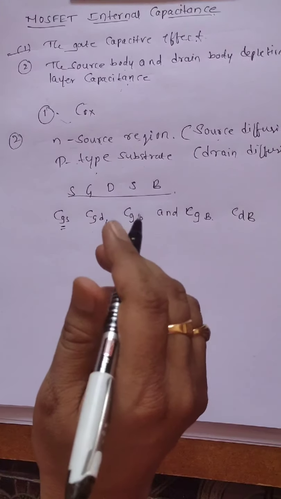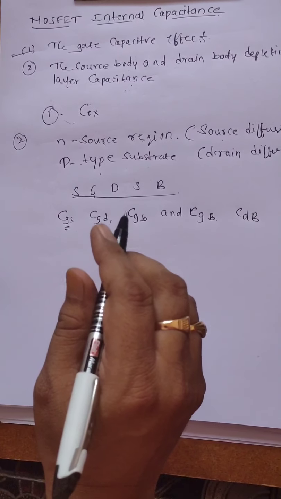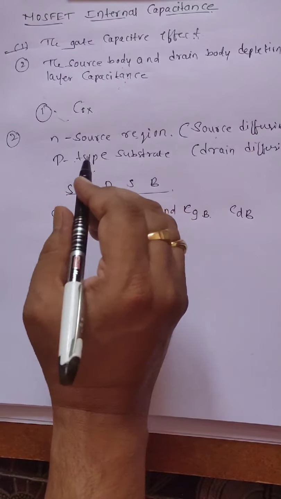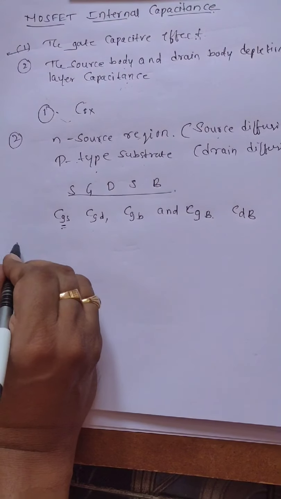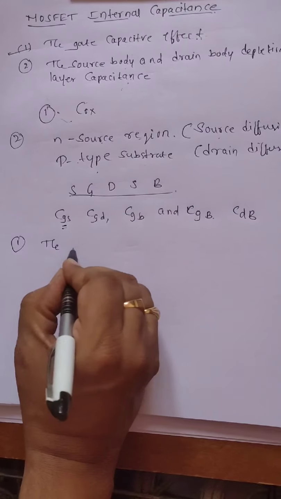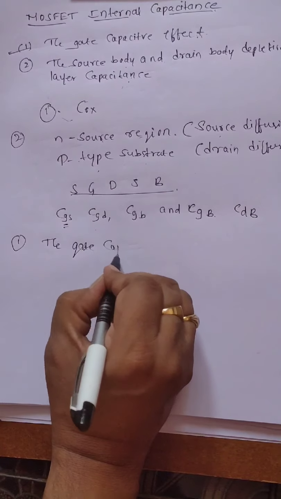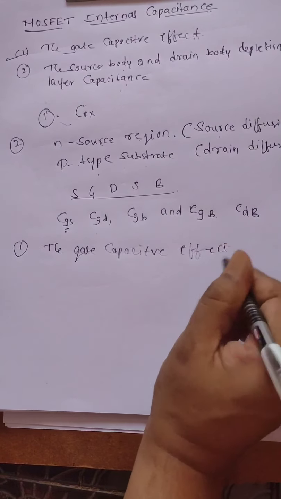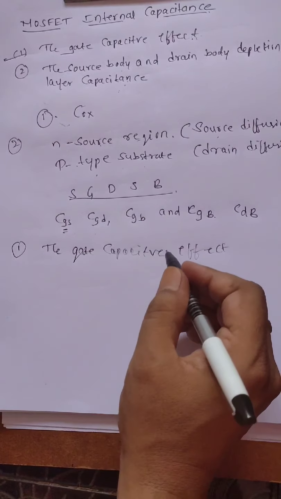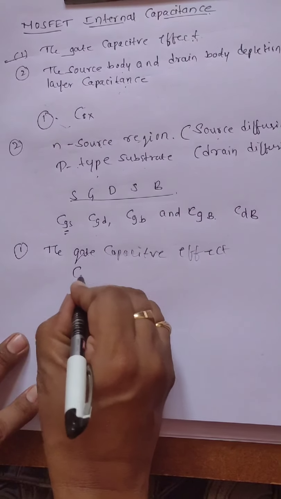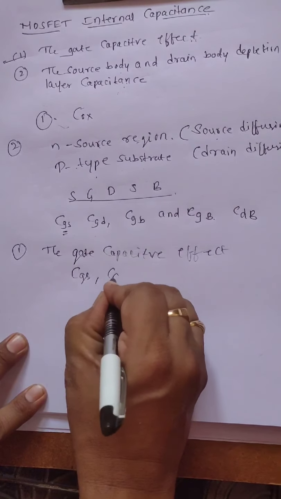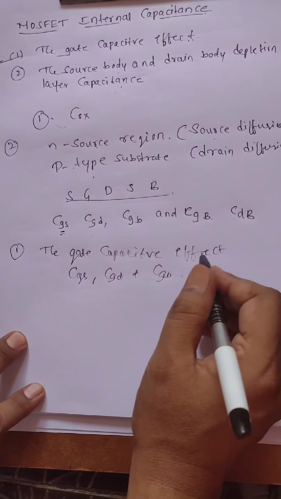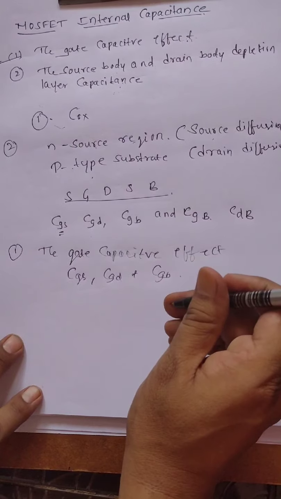Now we are going to study the regions and the capacitive values. First we take into consideration the gate capacitive effect. This can be modeled by three capacitances, that is CGS, CGD and CGB. The values can be determined as follows.